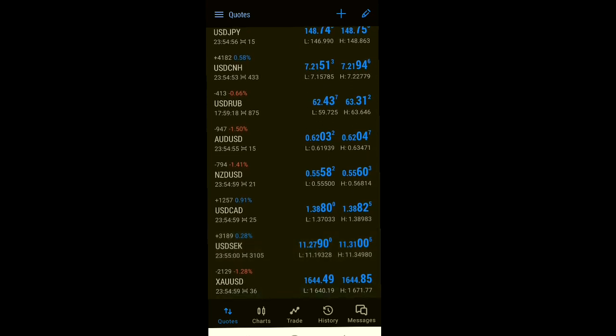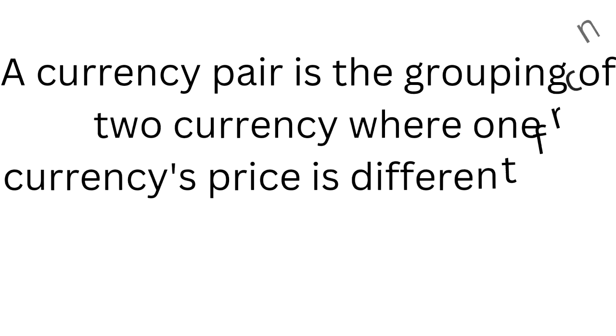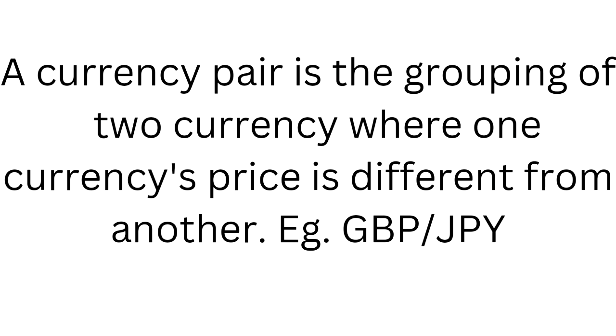I'm going to attach a clip after this to tell you what currency pairs are and what the numbers mean. A currency pair is the grouping of two currencies where one currency's price is different from the other currency. An example of currency pairs are GBP, JPY, where GBP stands for Great British Pounds and JPY stands for Japanese Yen.